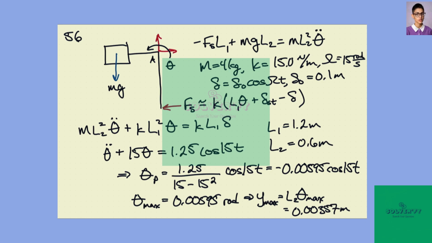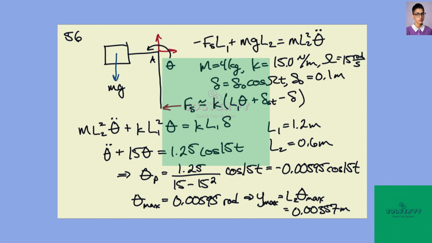Now we can plug this in here, and we're going to see that the static deflection and this gravity term will cancel out, and in fact the static deflection is defined so that they do cancel out.